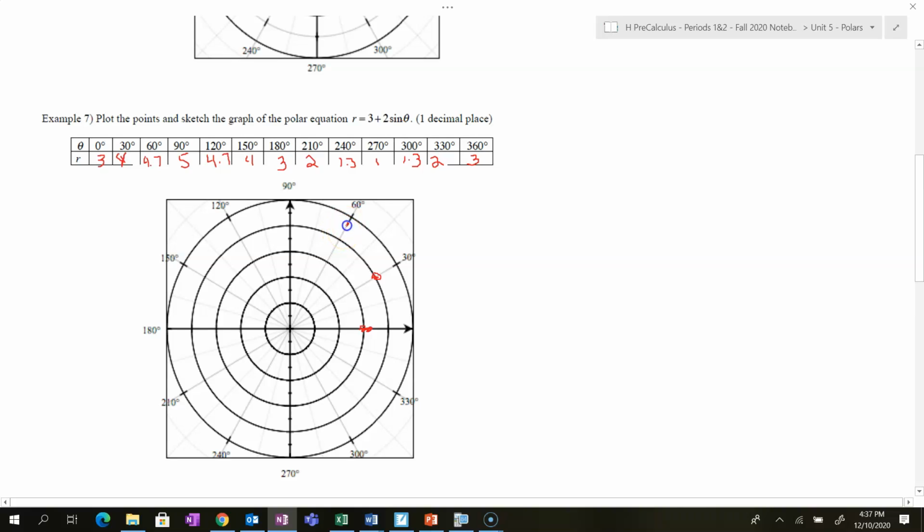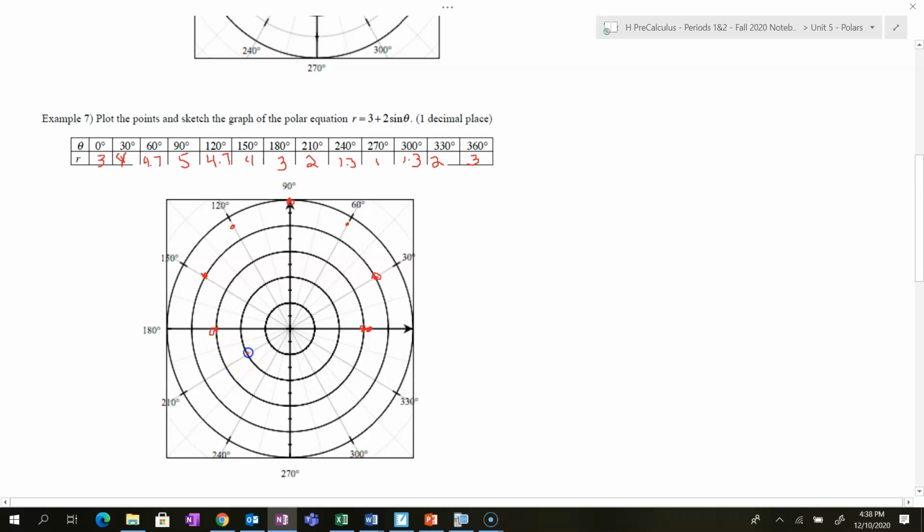So right about there. And at 90 degrees, it's all the way up the top at 5. 120 is over here at 4.7. 150 is at 4. 180 is back at 3 again.